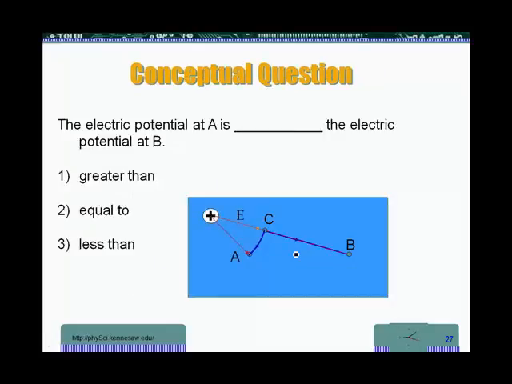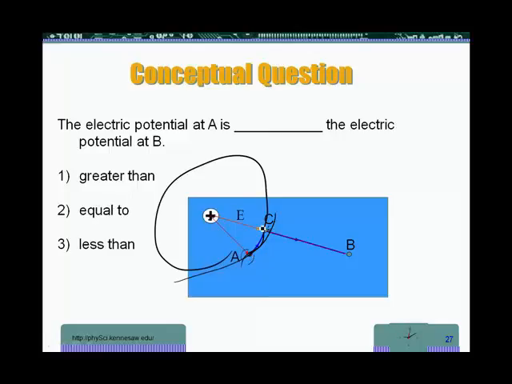Now, what about this case here? We have a positive charge. We don't have a uniform electrical field anymore. And it is asking us again to compare the electrical potential at location A to location B. Same thing as we did before. Consider the fact that from A to C, it's along a sphere centered on that positive charge, so we are along an equipotential line.